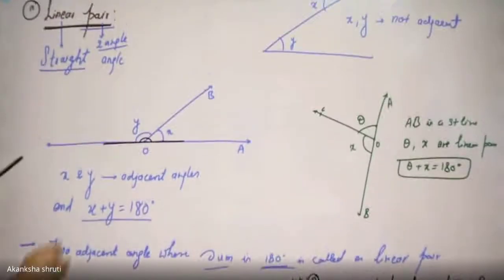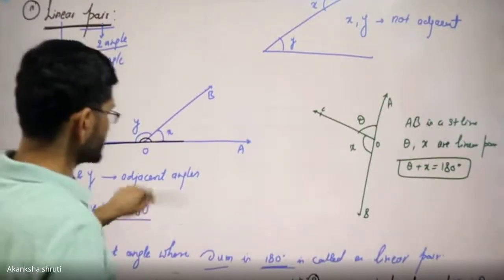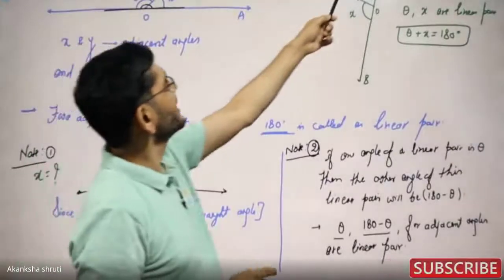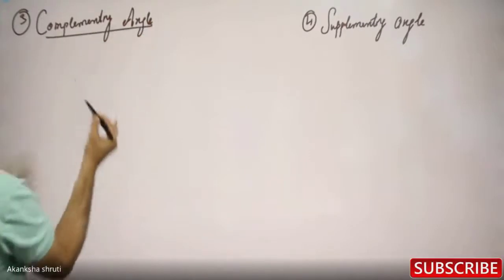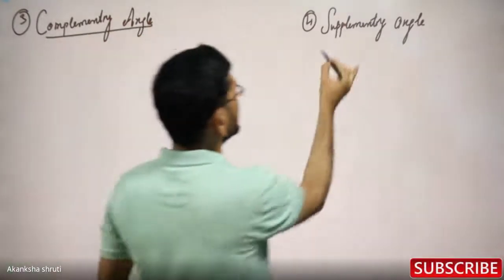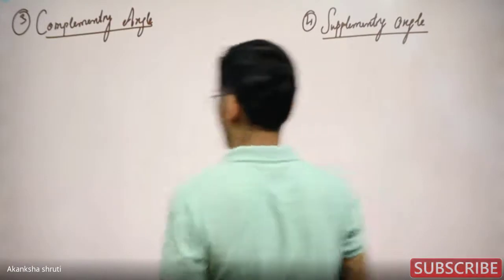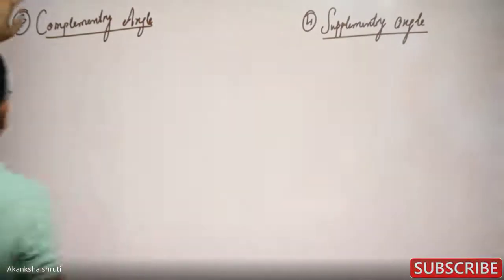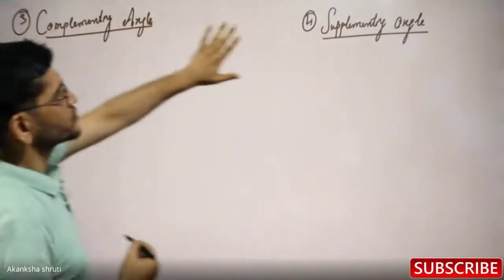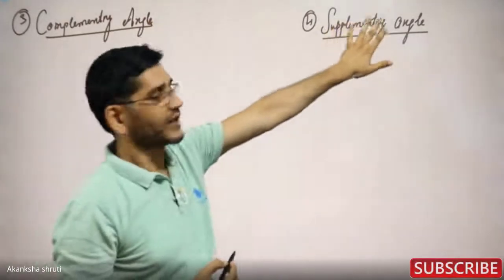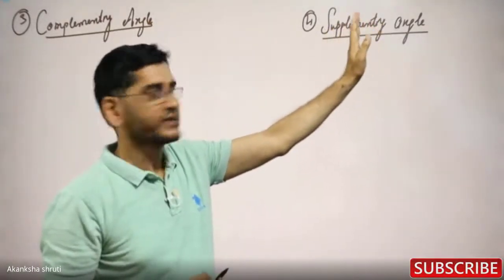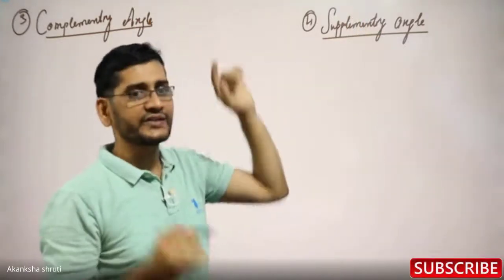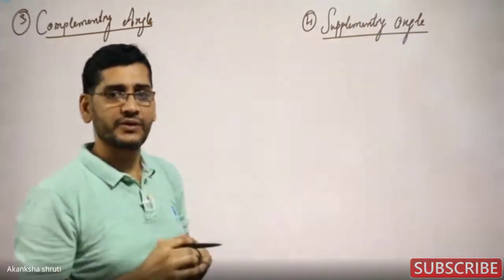Students, the next one is called complementary angle and supplementary angle. We are going to learn two new kinds of angle called complementary angle and supplementary angle. Students, keep in mind, these two are slightly different from the linear pair, or it is not related to the adjacent pair.